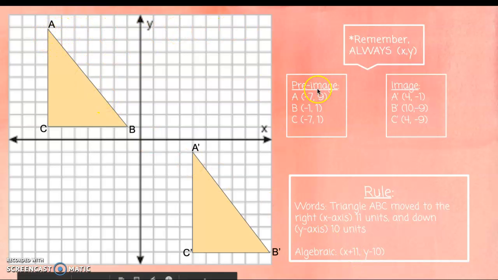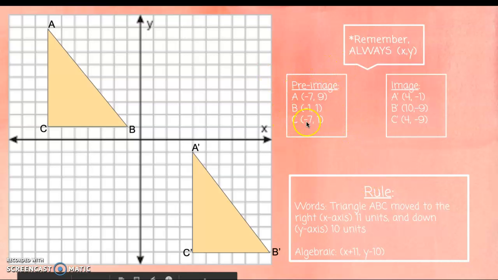So whatever my x value was, for example, A was -7 was my x value. If I add 11 to that, I'm going to then be at 4 on my x-axis. For my y, I'm going to subtract 10 because I'm going down 10. All right, so algebraically, I'm writing this as (x + 11, y - 10).